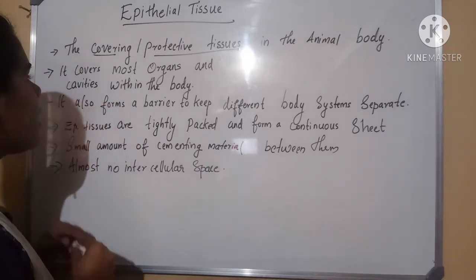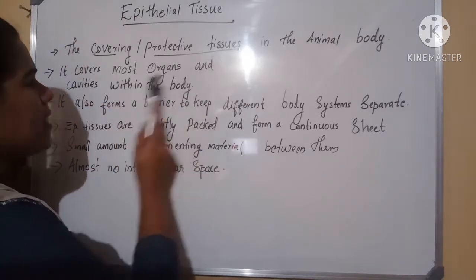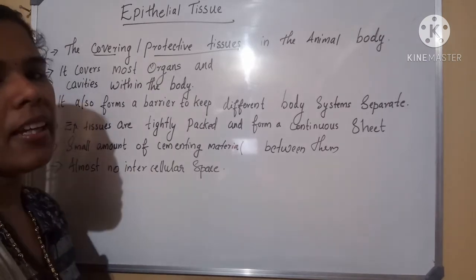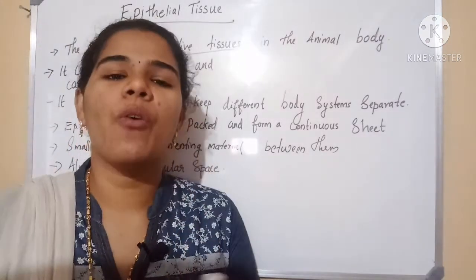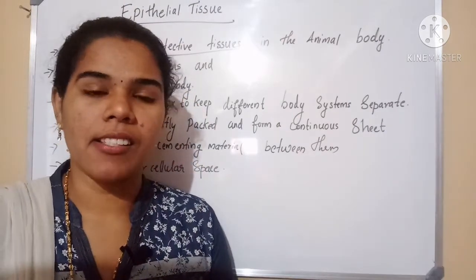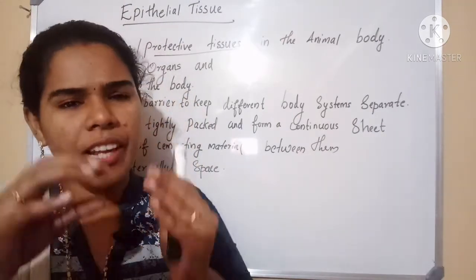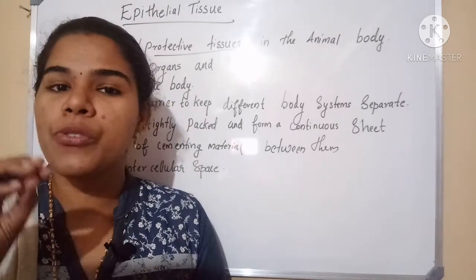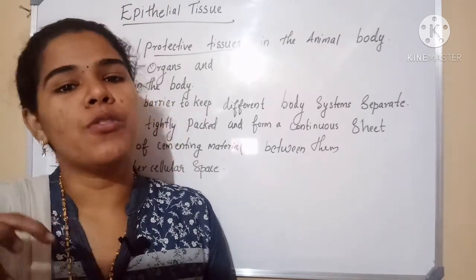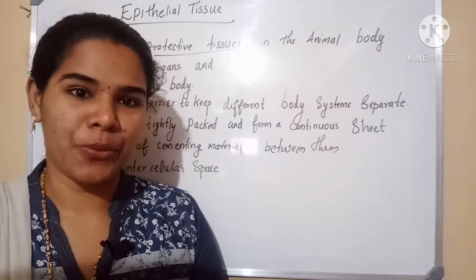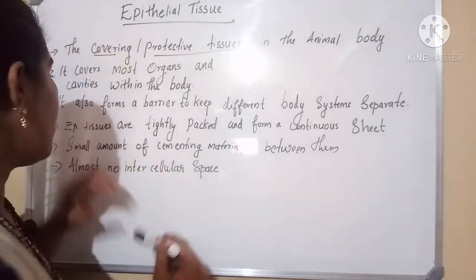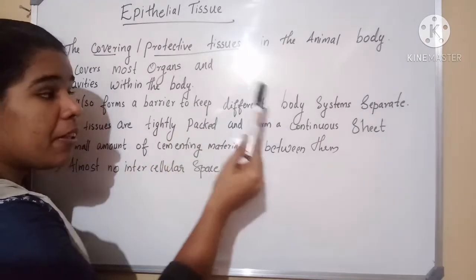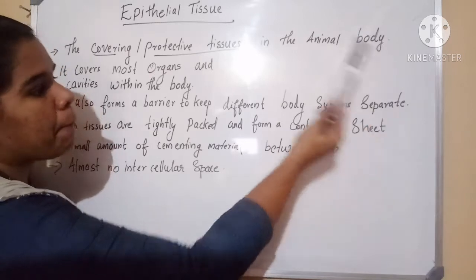It covers most organs and cavities within the body. It covers each and every organ like the heart, lungs, and liver, and the cavities in between are also filled with this epithelial tissue. It also forms a barrier to keep different body systems separate.